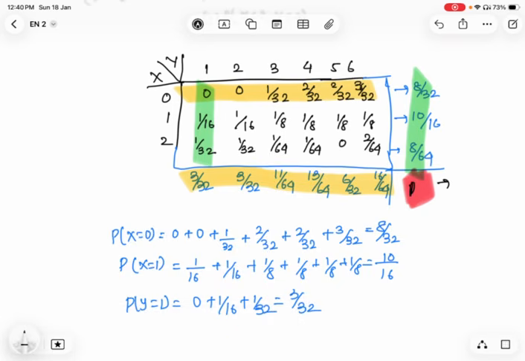This means the summation of all px is equal to 1, and the summation of all py is equal to 1. So like 18, 26, 3 plus 3, 6 plus 17, 17 plus 3. Okay, yeah, it is correct.